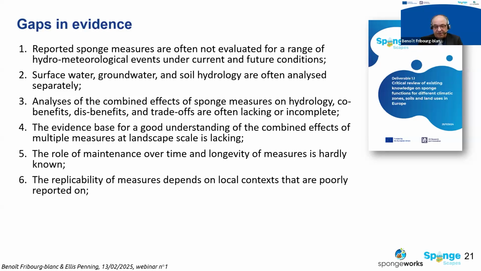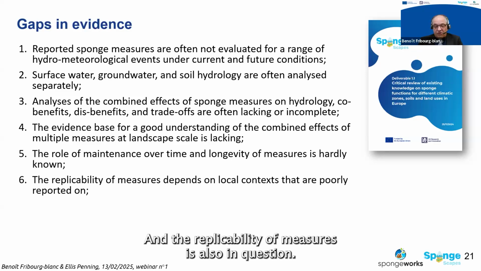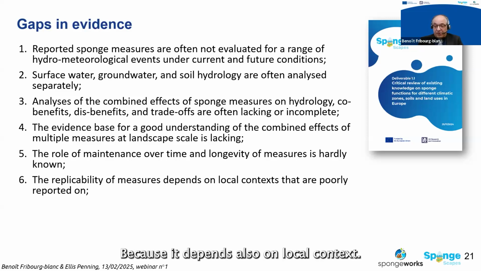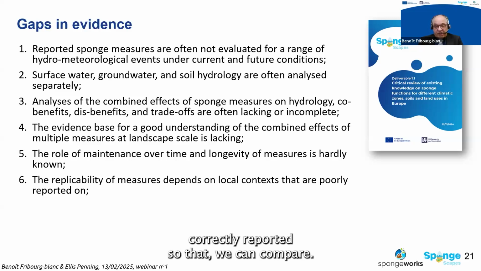It's not always very evident how long the measure will last. And the replicability of measures is also in question because it depends also on local context. And this local context is not always correctly reported so that we can compare like with like.